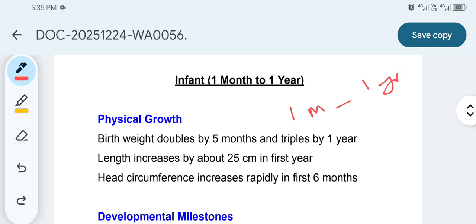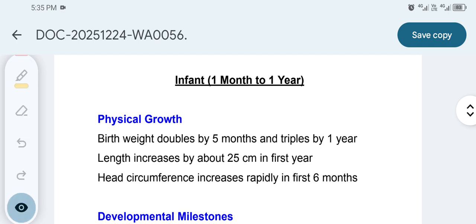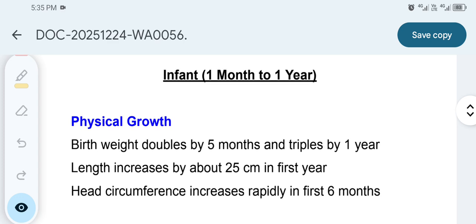Okay, so you should know that the physical growth of this particular infant is that the birth weight doubles by 5 months and it triples by 1 year. So if the child was born with 3 kg, by the time they reach 1 year, they would have multiplied it by 3.